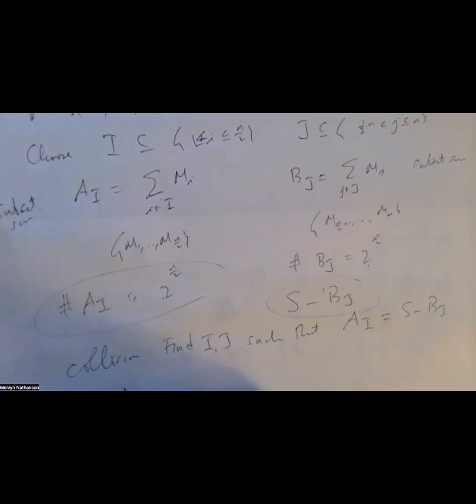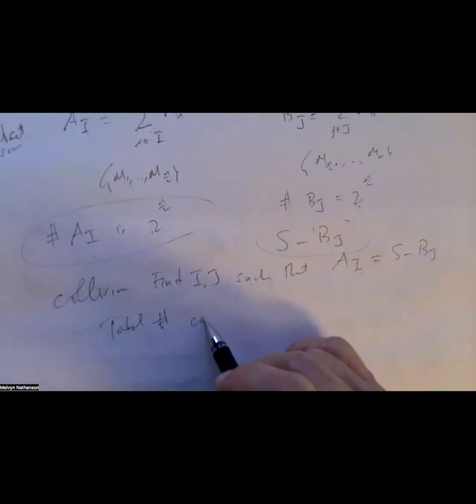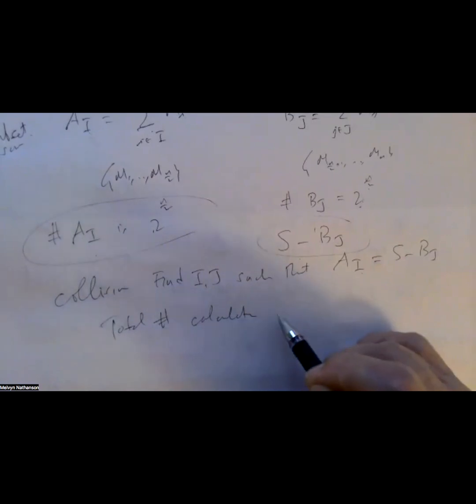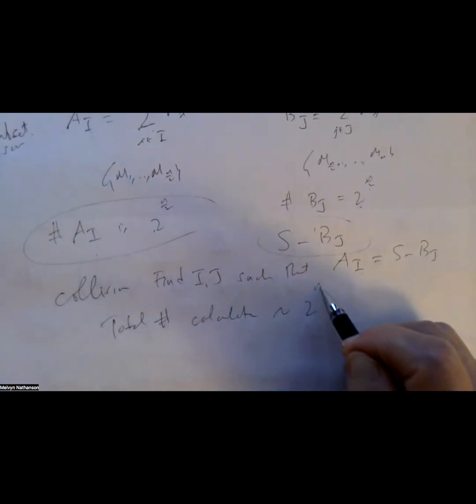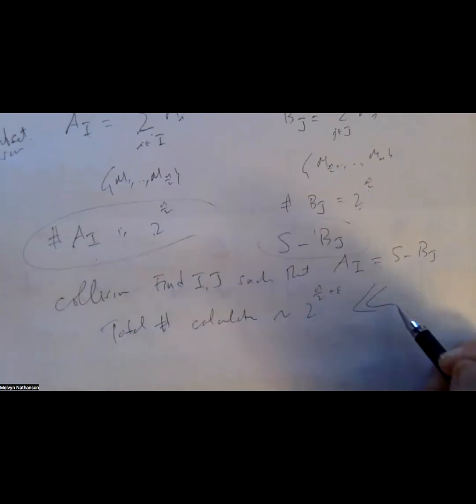So the total number of calculations is going to be roughly 2 to the n over 2, maybe plus a little bit. But in any case, this is much smaller than 2 to the n.